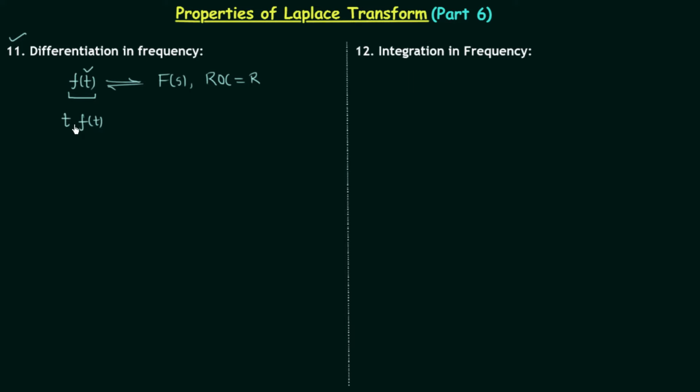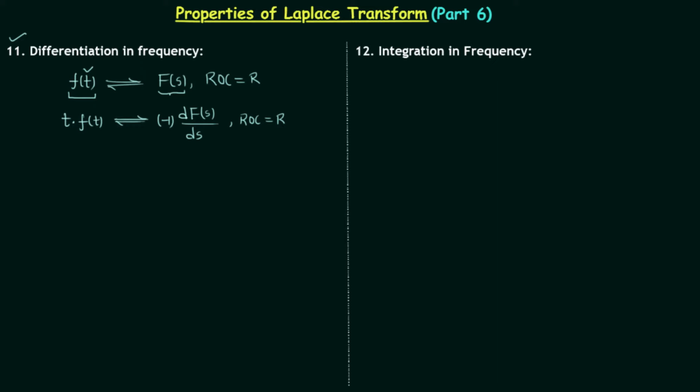So we will multiply f(t) by t, and in this scenario we have a new time domain signal, and for this new time domain signal we will have a new Laplace transform, which will be equal to the first derivative of the old Laplace transform with respect to variable s multiplied by minus 1, and the region of convergence will not change, it will remain the same.